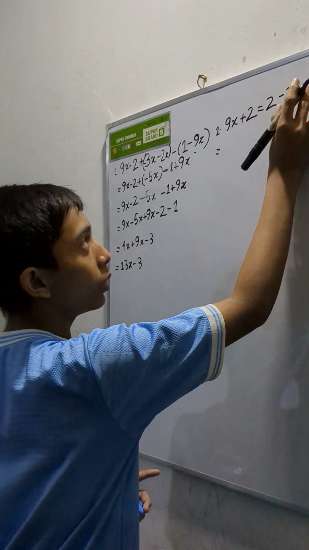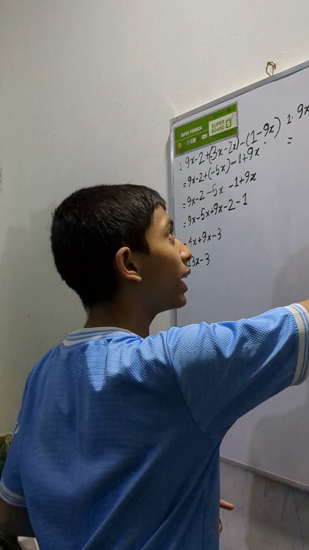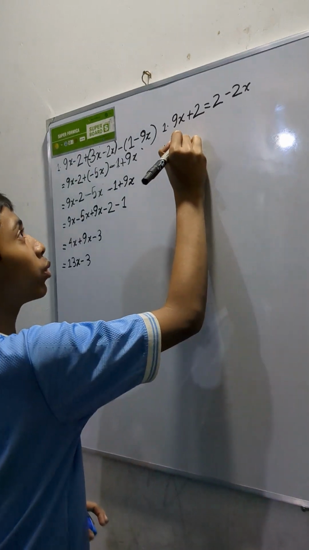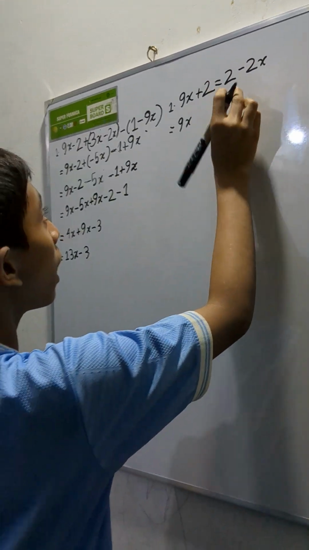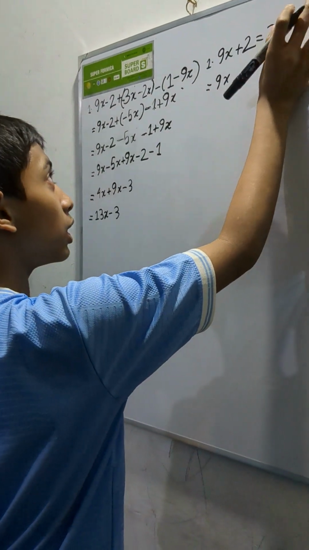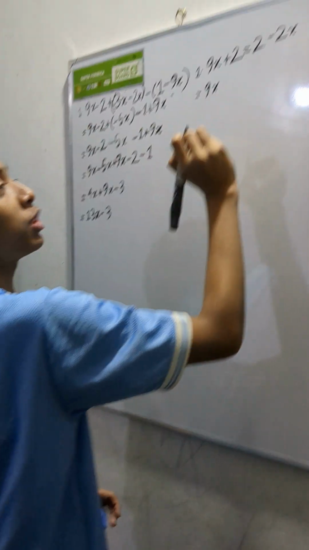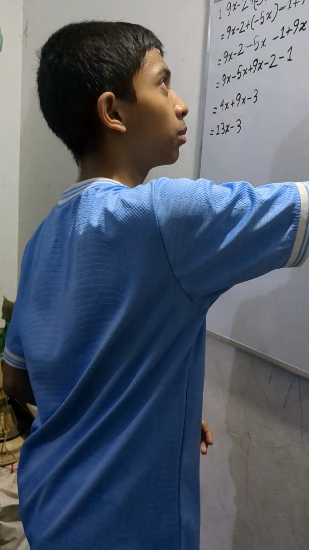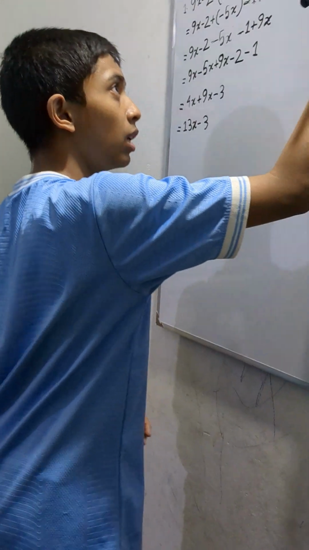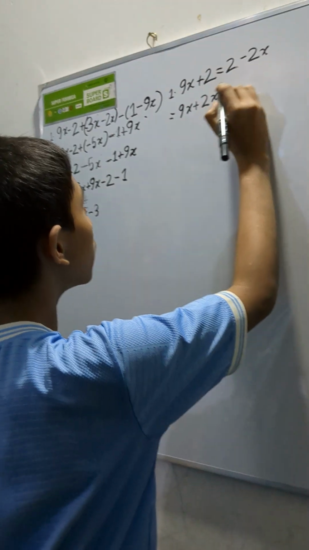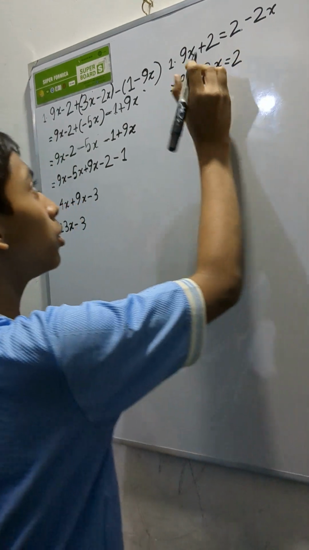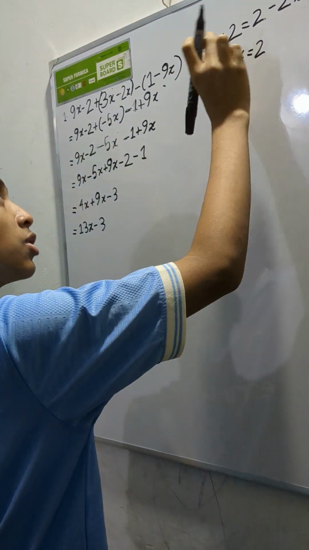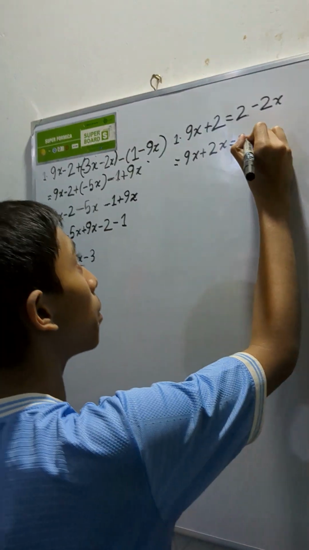So we'll take this minus 2x after 9x, but here's an equal to sign. So I'm taking this here, so I have to change the sign. Here's minus sign, so it will be plus sign. Plus 2x equal to, here's 2. At first I'll write 2, then I'll take this minus 2 here, as here's an equal to sign, so the sign will be changed, minus 2.